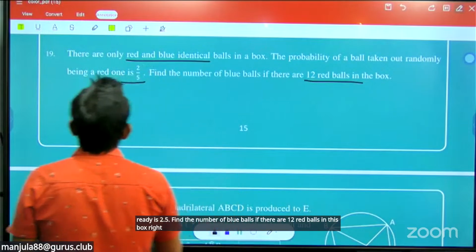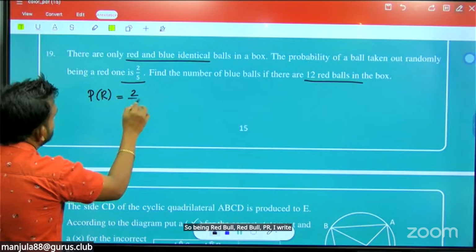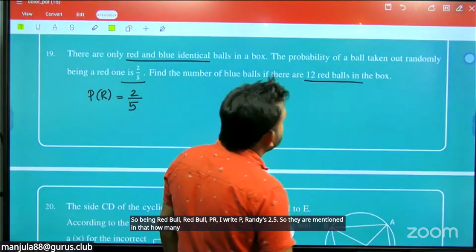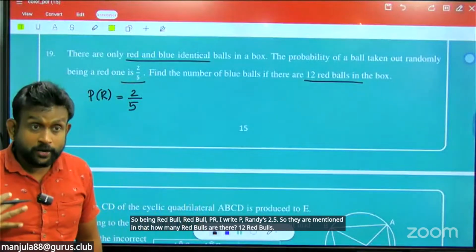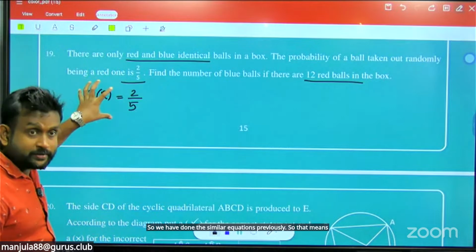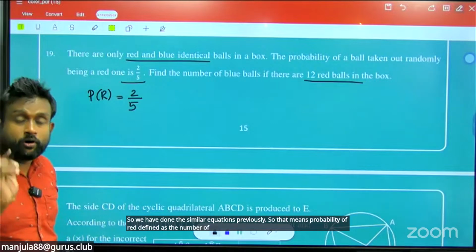So the probability of red, P(red), is 2 upon 5. They are mentioning that there are 12 red balls. We have done similar questions previously. Probability of red is defined as the number of red balls divided by the total balls.